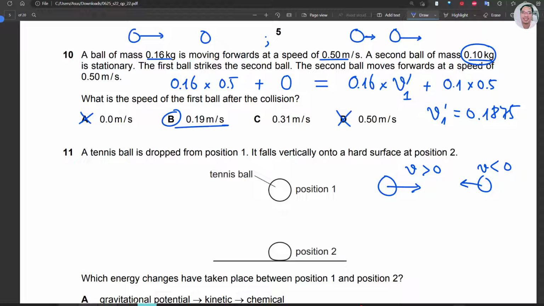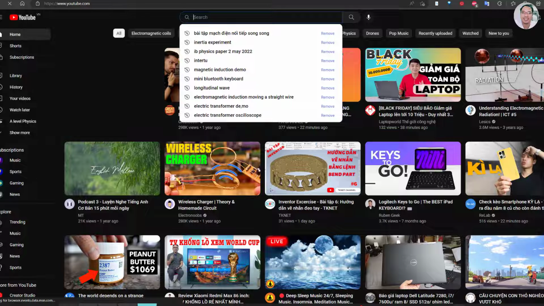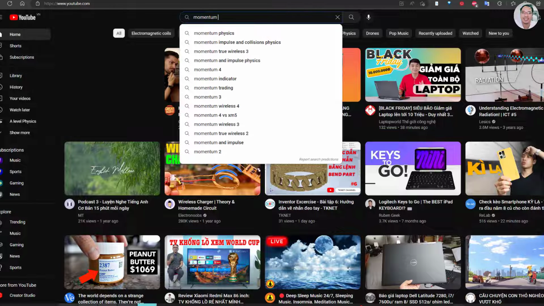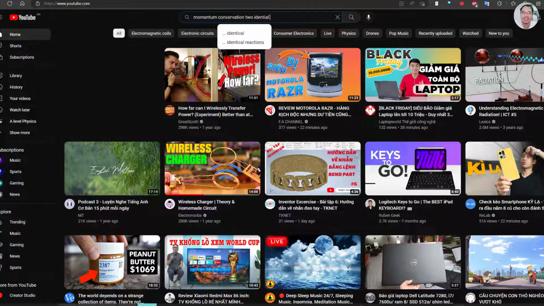So I see that we need to practice more about this momentum conservation. Here is an experiment to prove the conservation of momentum with two identical cards.